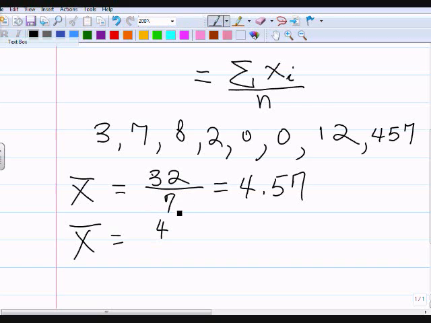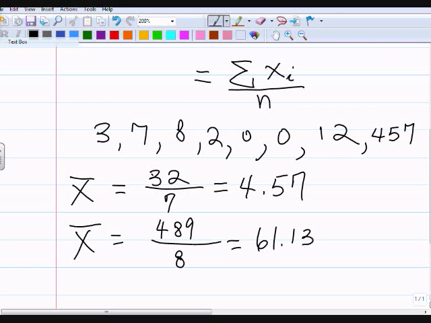So that sum is 489 divided by 8, thank you, which is 61.125. So I'm going to call it 61.13.